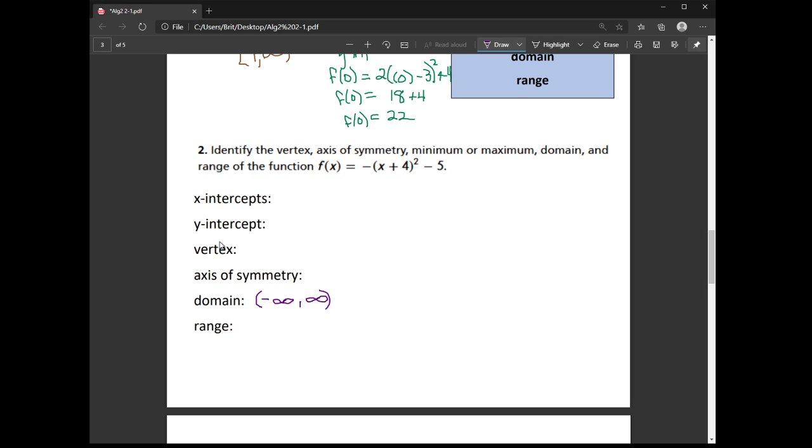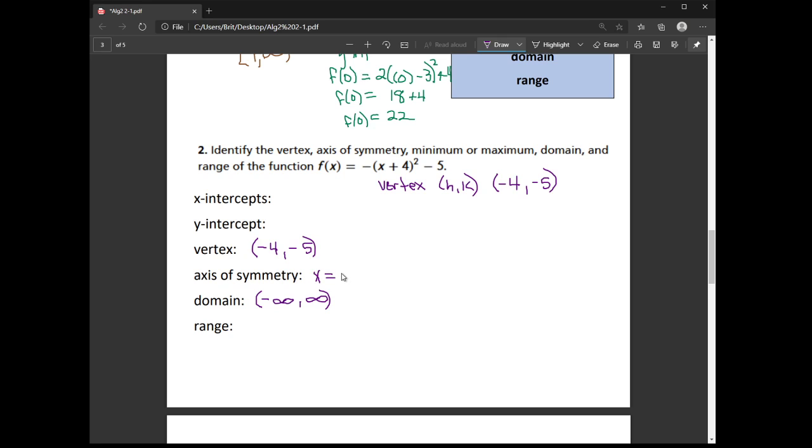This is written in vertex form, so that vertex is going to be very quick. Recall that the vertex is at (h, k). So our vertex for this one is at (-4, -5). And the axis of symmetry is just at x equals h.